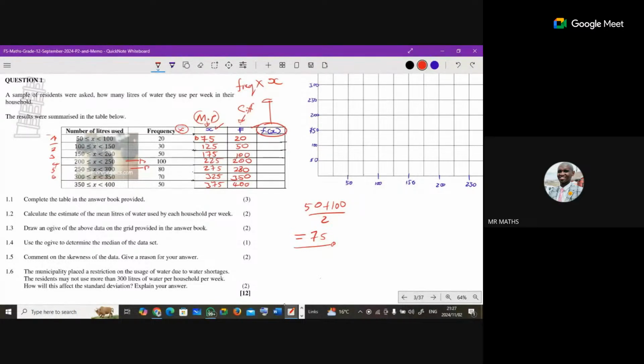So with class 1, if frequency is 20, it's going to be 20 multiplied by midpoint. Ufumana bani? 20 multiplied by 75 is 1,500. Midpoint kaloku x. Nansi iformula ibhalwe apha, frequency f of x, so ithetha ukuthi funeka imathiplayane nale.